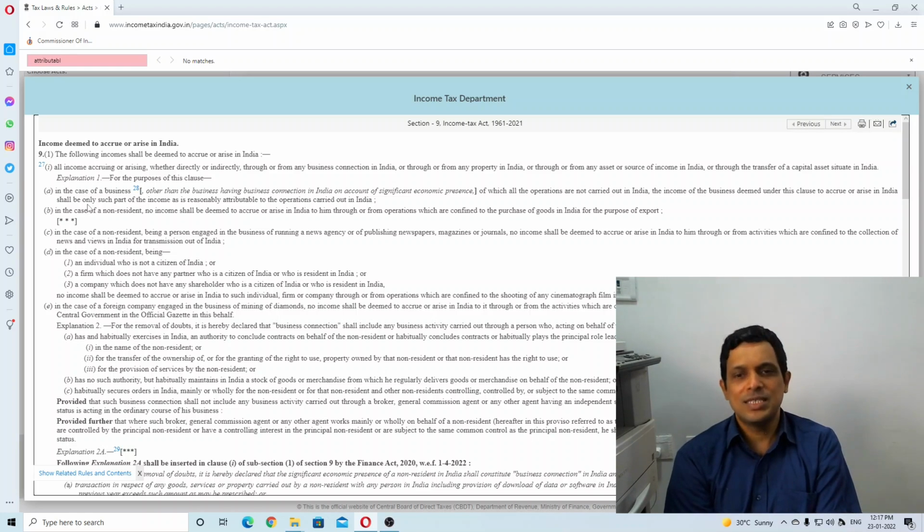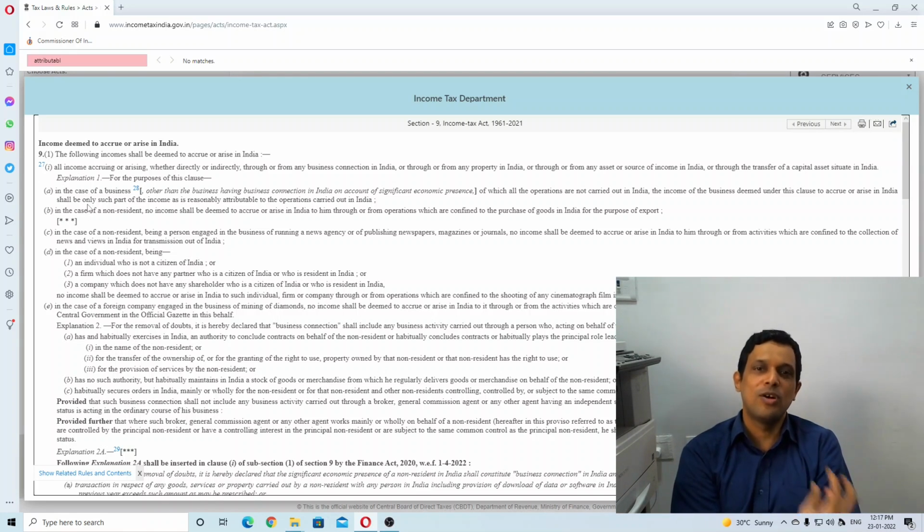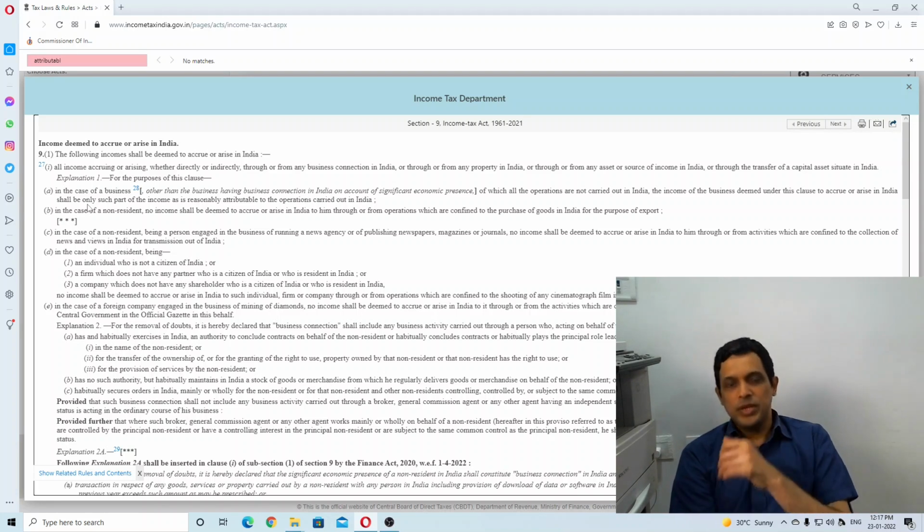Now, what it means essentially is that only that part of the income of the non-resident which is attributable to his or her, that is the non-resident's operations in India, if any, will be considered as income taxable in India.